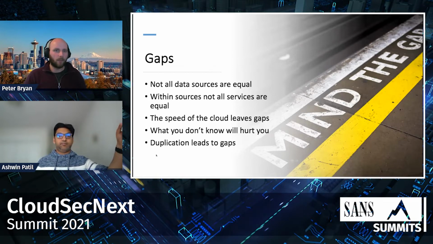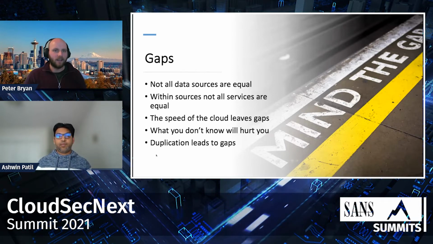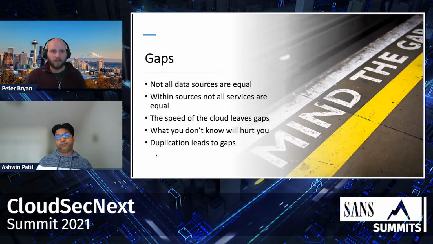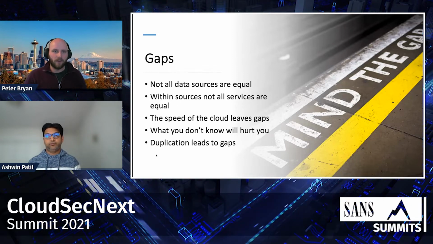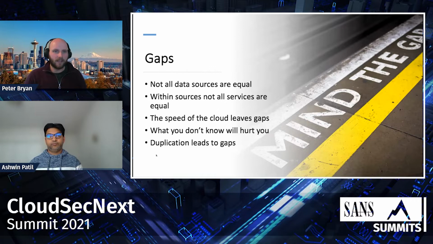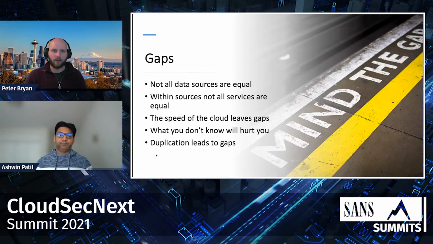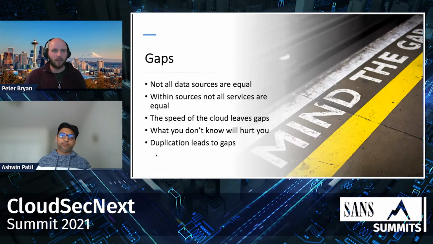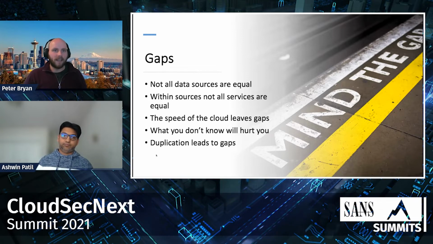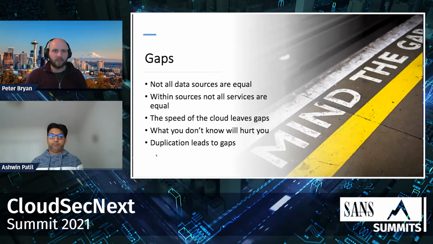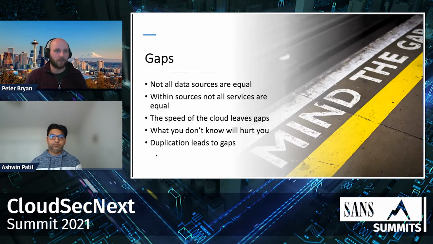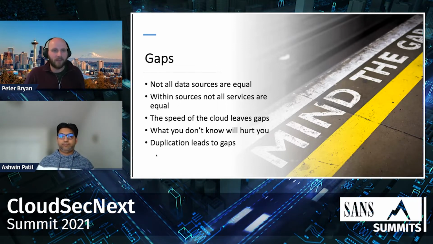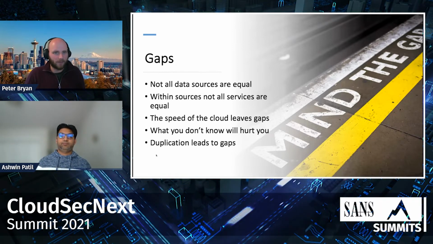They'll go out into a public preview, and the features are all there, it works great, but the logging that's being provided into the audit logs is kind of an afterthought and often lacks some of the detail that you might want or need to enable your detection capabilities. So just because you're collecting the logs from a cloud service doesn't mean that you don't have gaps in your visibility and your monitoring.